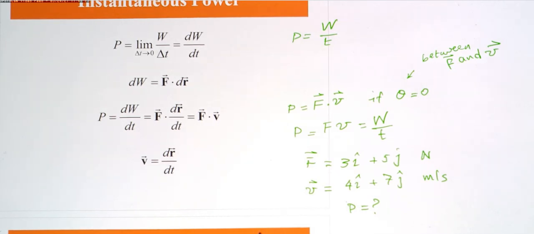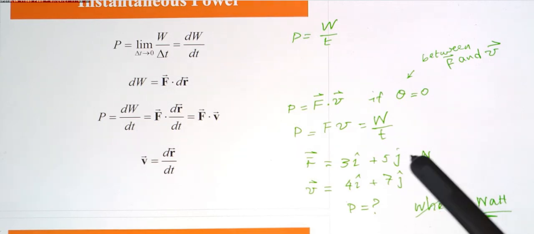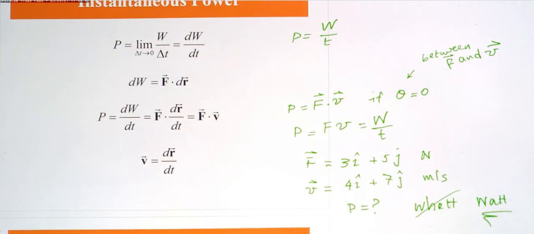Watt is not written like this, it is written like that, and it's the name of the scientist who discovered it. So it's not always a cosine. Be careful, I can give you two vectors and ask you what is the power of the two vectors.